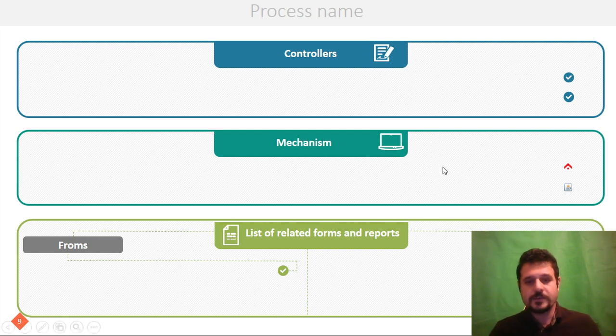And here we write about the mechanism. For example, we use a specific software like SAP, Oracle, or any other software. We should write the name of the software here. Mechanism is a facilitator for our processes. And we write here which form we use through the processes and which report we should create through the processes.